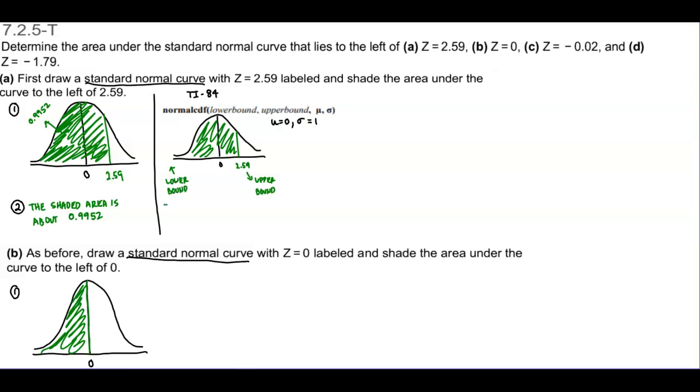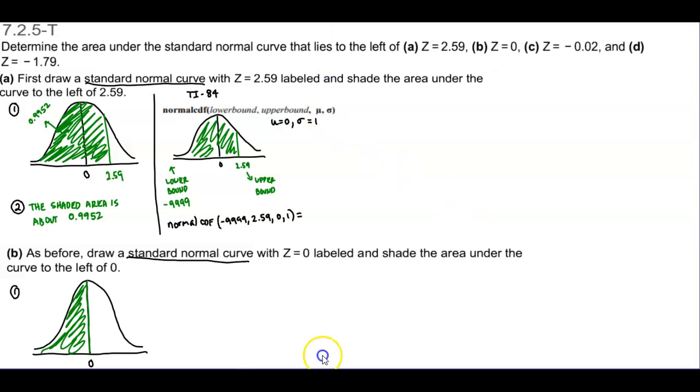And so we can use negative 9999, or we can go a little further with that. So we're going to put in our calculator normalcdf with the lower bound to be negative 9999, the upper bound to be 2.59, the mean to be 0, and the standard deviation to be 1.